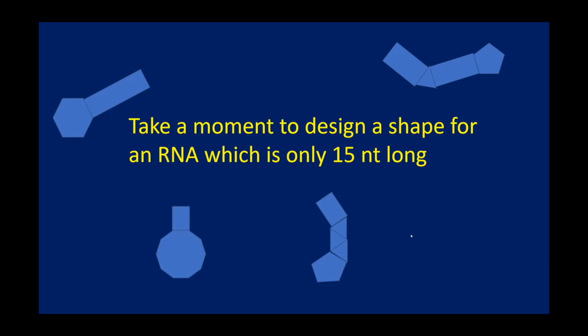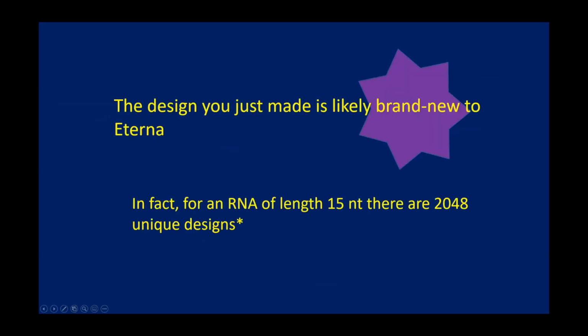So, why did I ask you to do this? Well, the design that you've come up with is very likely brand new to Eterna. There's actually over 2,000 designs that can be made with an RNA of only 15 nucleotides.